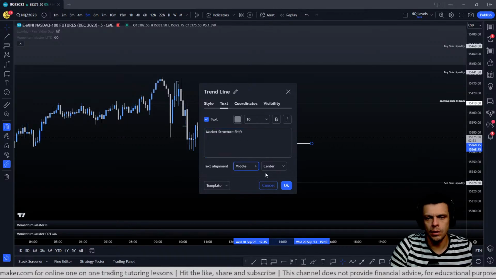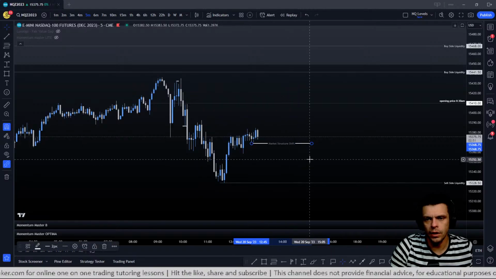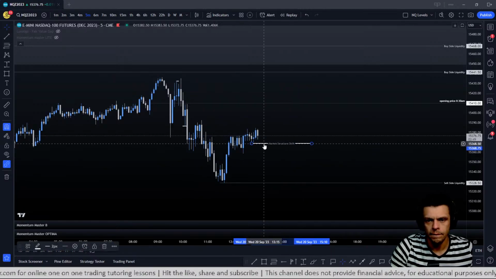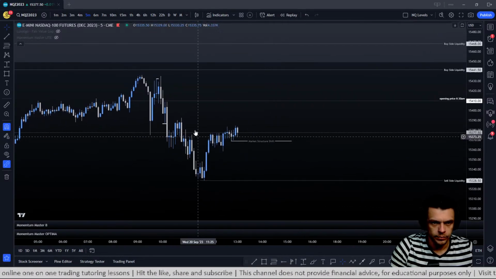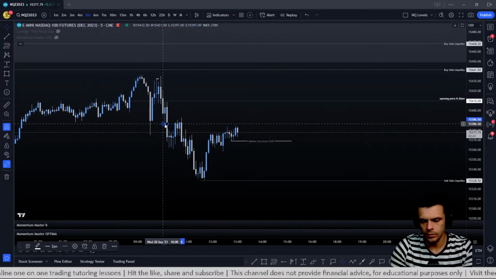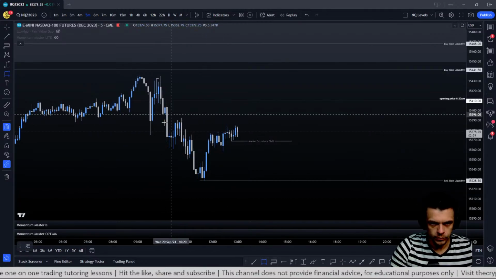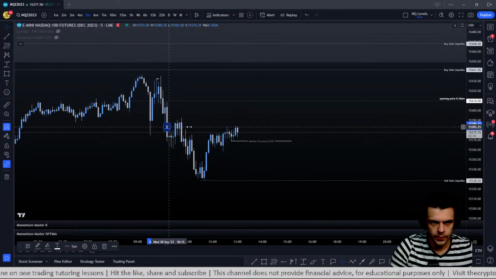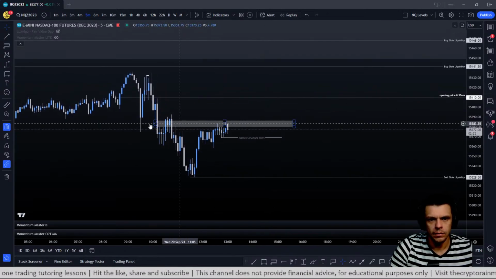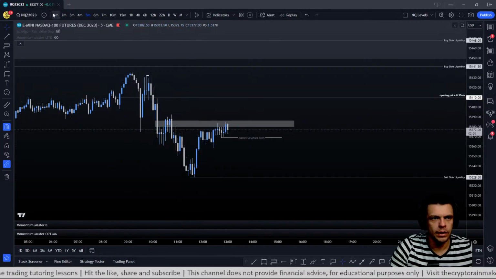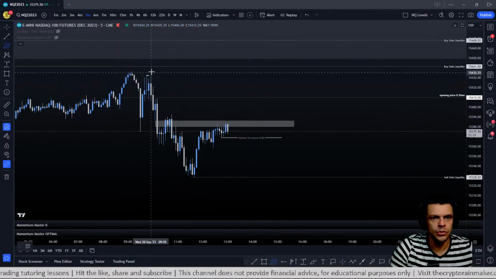Okay, so that's our market structure shift on the 5-minute. And it's also, we have this, remove that. Right here at this bearish fair value gap on the 5-minute chart.